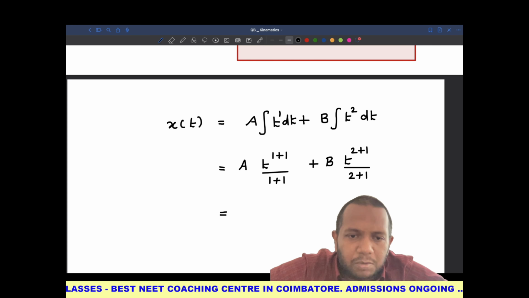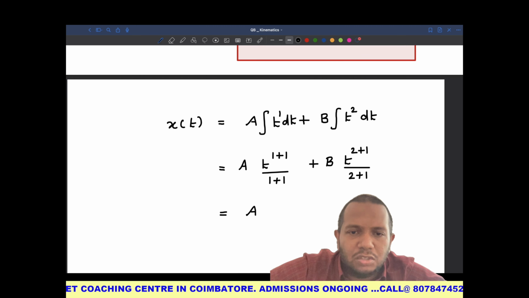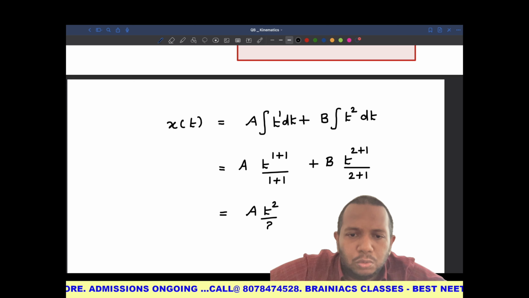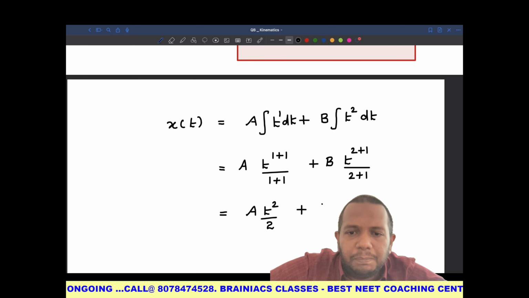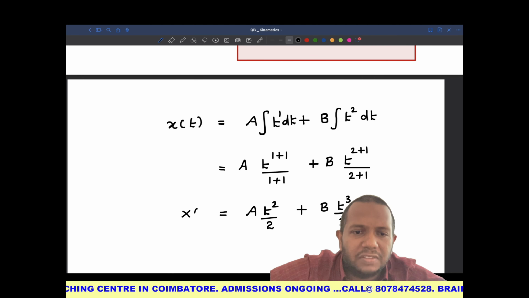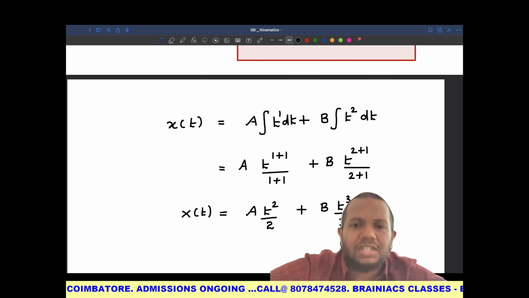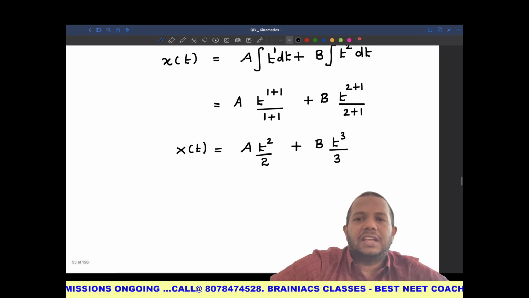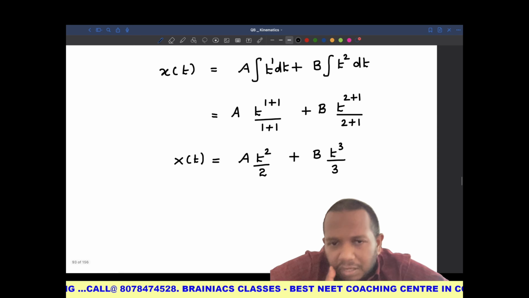So the equation I am going to get here is a into t square by 2 plus b into t power 3 divided by 3. So this is the equation I am getting for distance with respect to time t. I hope until this it is clear for you. Any doubt? It should not be.